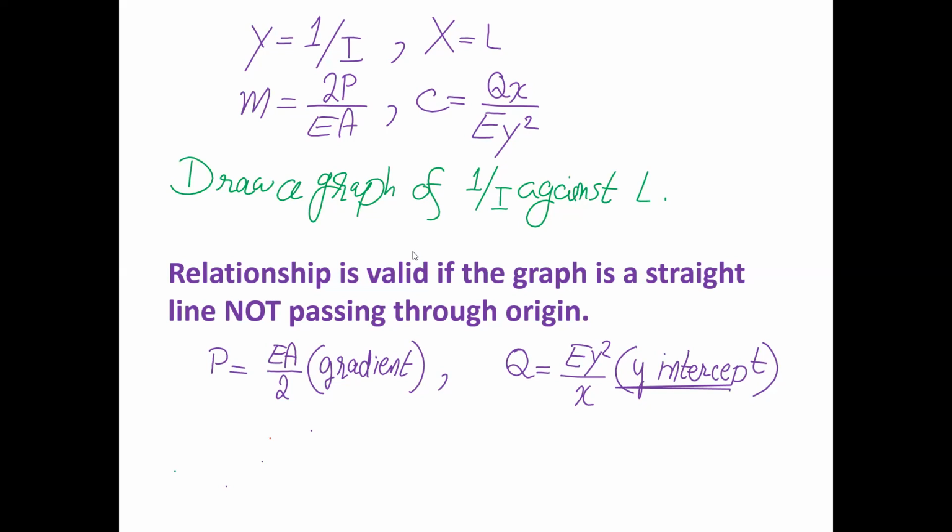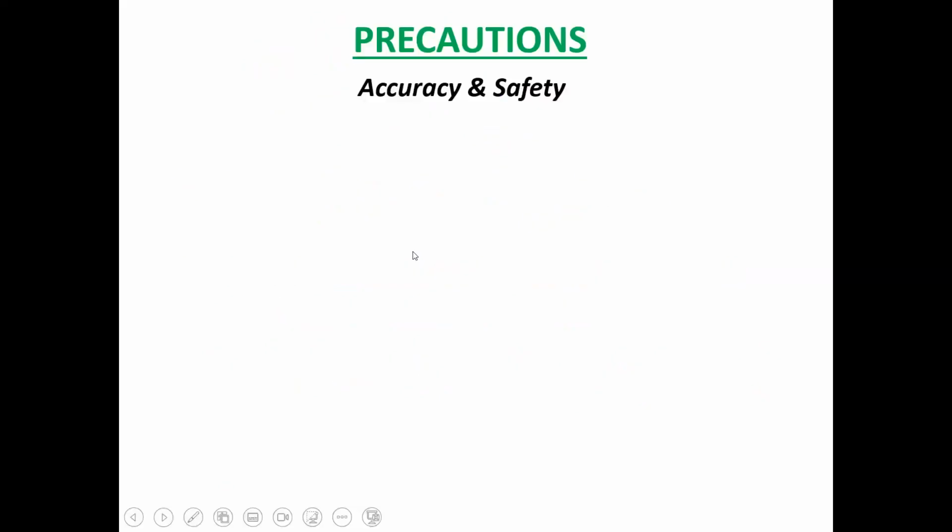Now, quickly give the heading precautions. There are two types of precaution. No need to write accuracy and safety.